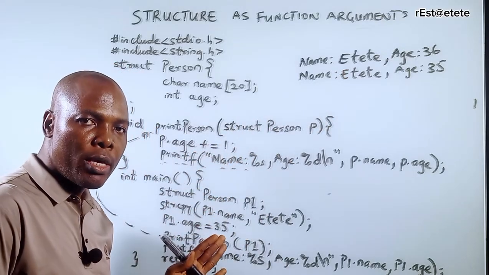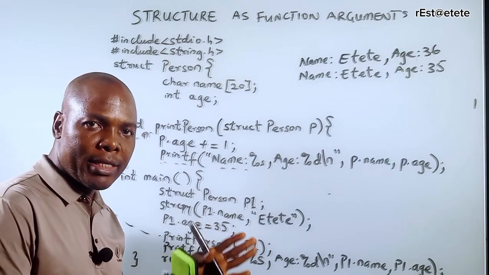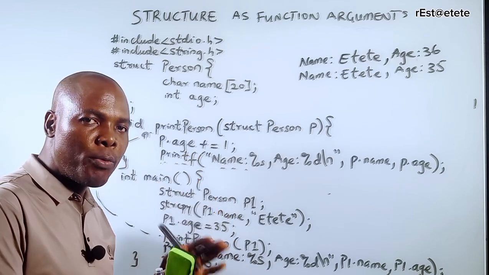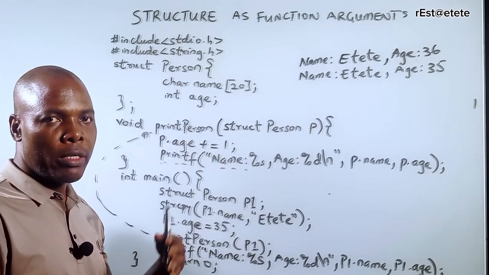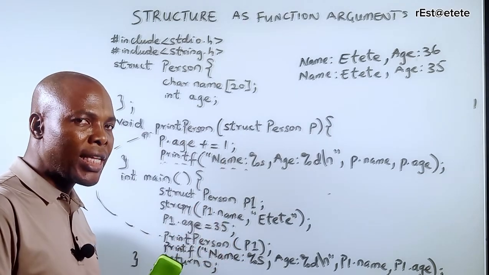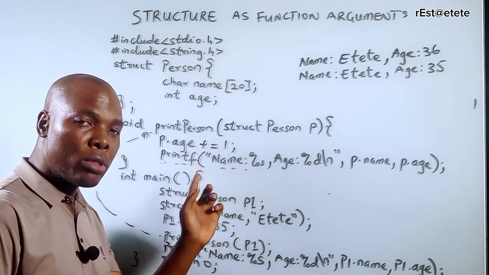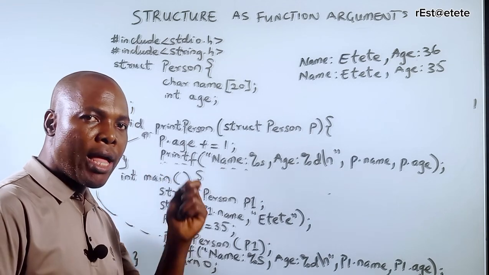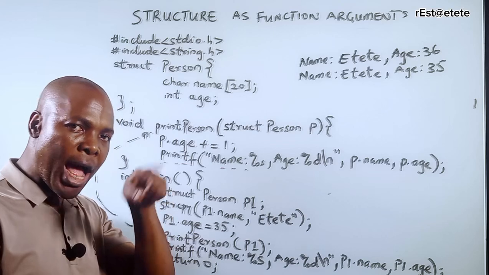The same way you give variable of other data type like int or float, right, to function. That is the same way you can assign the variable of a structure to a function, which is what? By value. So in the next class, I will teach you call by reference, where you are actually passing a pointer to the memory address. So before then, I will teach you pointer to structure so that you will understand how that one will work.